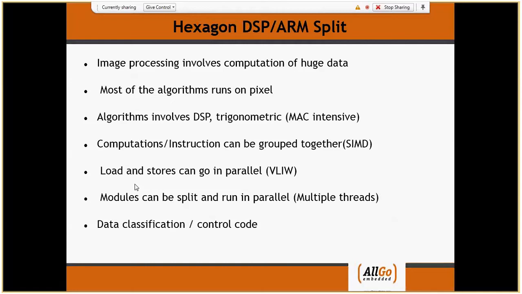And finally, we also have some data classification and control code, where you need to take a decision on whether it's background or foreground, or a moving object or a stationary object. Such decisions, and also replacing some of the pixels, are also required. So this is basically the high level of what the algorithm does.